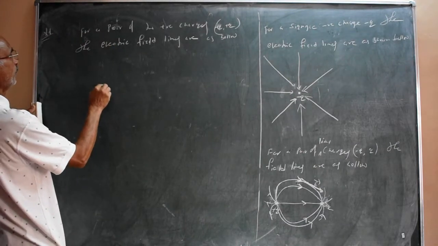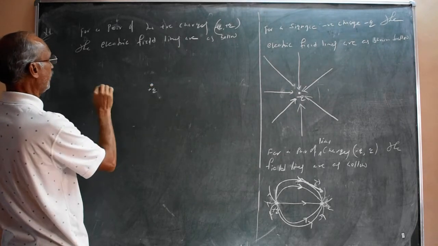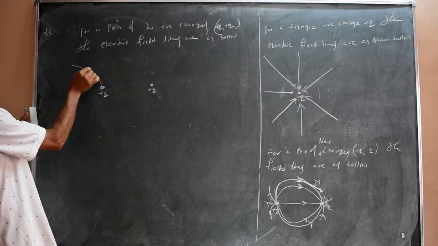Here it is plus q and here also plus q. Plus and plus repulse, therefore the field lines are also repulsive in nature.